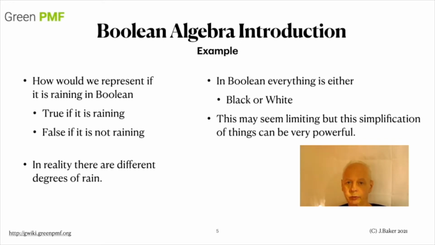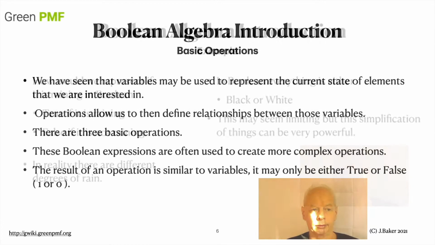In reality, of course, there are many different degrees and levels of rain, but in Boolean it is either black or white. Now this may seem very limiting to you, but actually this simplification can be very, very powerful when representing all sorts of different things, and can be used in very complex situations.